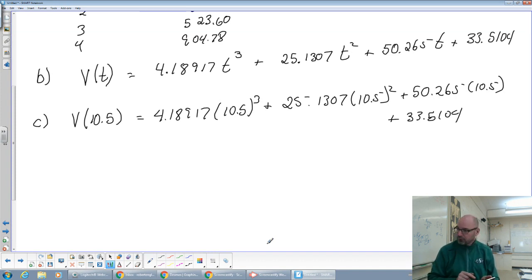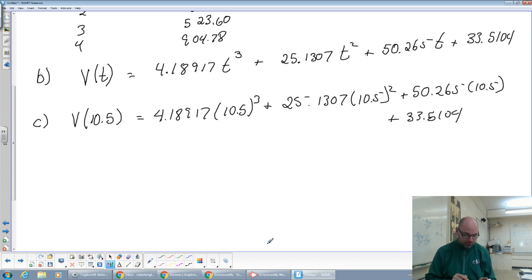Okay, so 10.5 cubed, that's what I'm going to start with, times 4.18917 equals that, plus 25.1307 times 10.5 squared equals that, plus 50.2565 times 10.5 equals that, plus 33.5104.